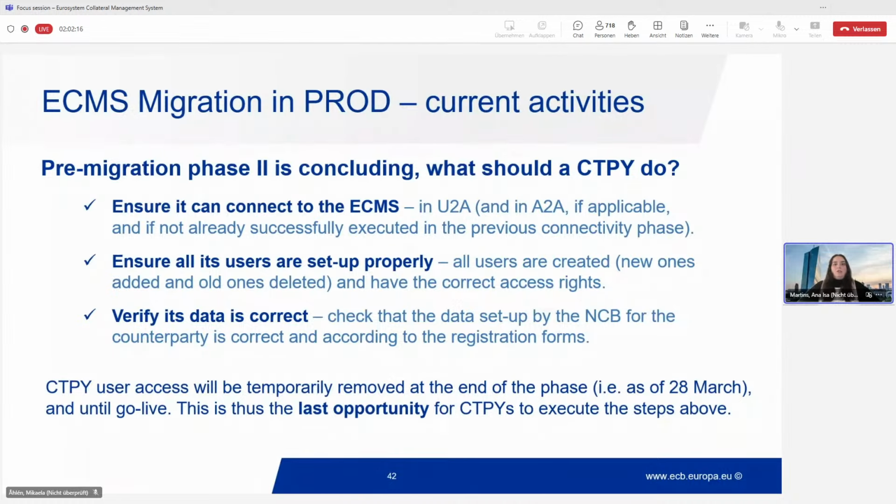So we had one slot during the pre-migration phase 1, which took place in September last year. And now we had another window that actually took place last week and this week in the prod environment to test your A2A users' connectivity. And we have 1 week buffer. So actually by next week, you can still execute this A2A connectivity test if needed, if you haven't done so.